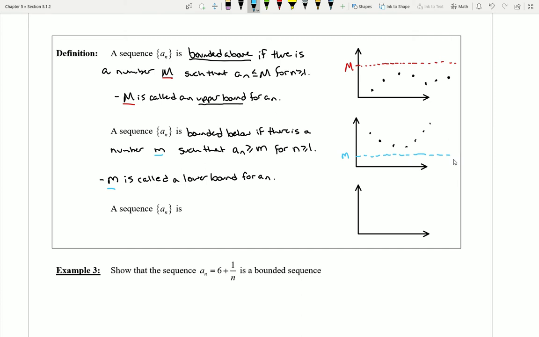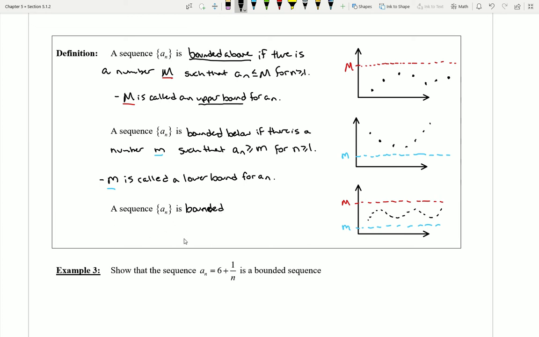That's it. Now, we could imagine that there might even exist a sequence that has both of these properties true, where there's a capital M that bounds it above, and there could be a little m that bounds it below. If you can say that all the dots never get bigger than some value, and all the dots never get smaller than some value, then we say that that sequence is bounded.